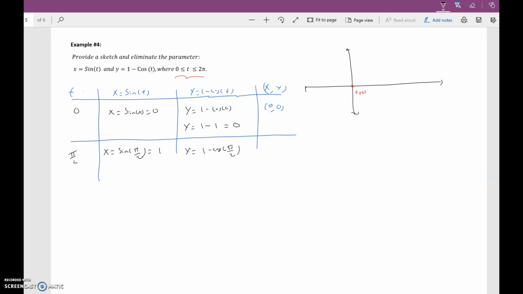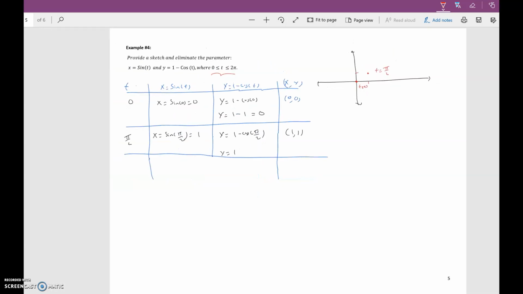That's going to be 0, so y is equal to 1. So 1, 1 for the second coordinate point. It's going to be here. This is t is equal to pi over 2.